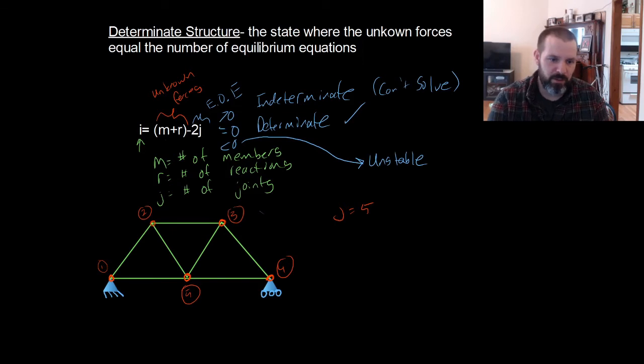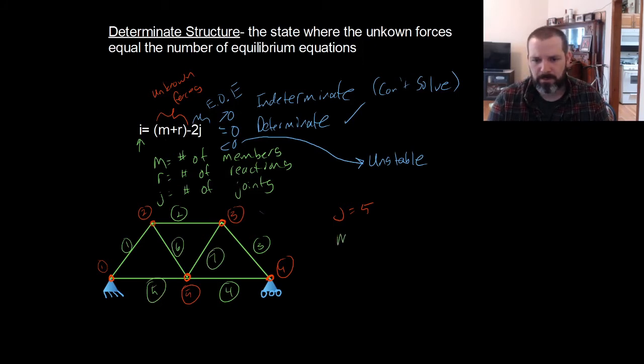I'd count the members. I have 1, 2, 3, 4, 5, 6, 7 members. And I have a pin and a roller. A pin has a force in the x and a force in the y, and a roller has a force in the y. So I have 3 reactions.